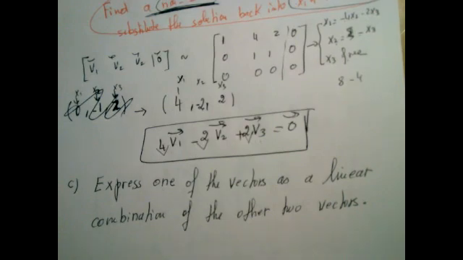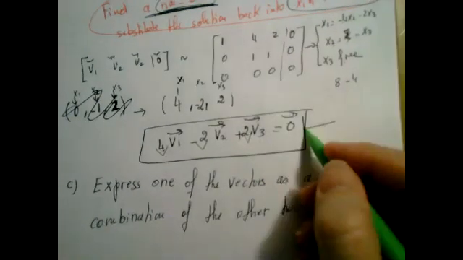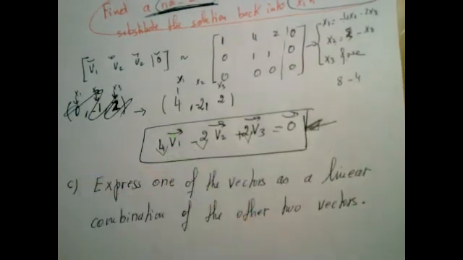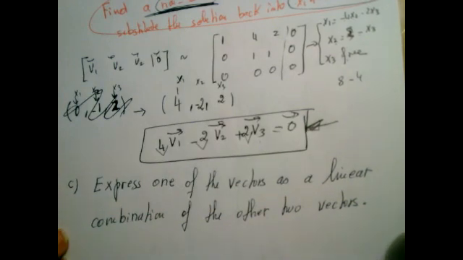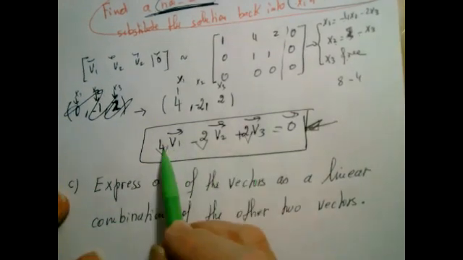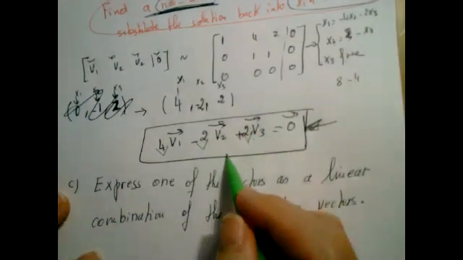Yes or no? That's what I talk about. Can I express one as a linear combination? What do you think? Yes, solve for one, absolutely. Because I can find those weights, I can solve for one.